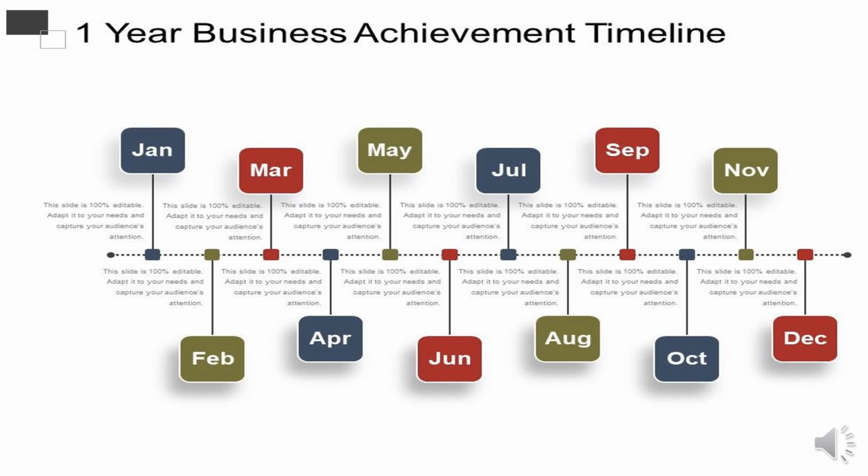This timeline has definitely been made by a firm, right? That what happened in January, February, March, April till August. This is a month-wise timeline of definitely a business firm or a company. Okay, and here they have mentioned what happened in different months.